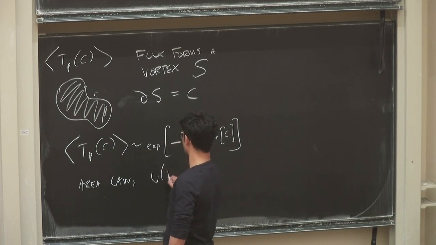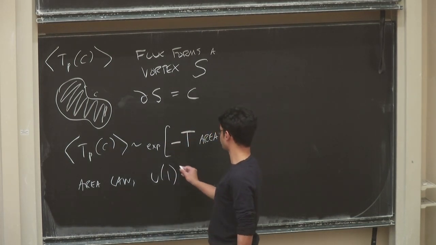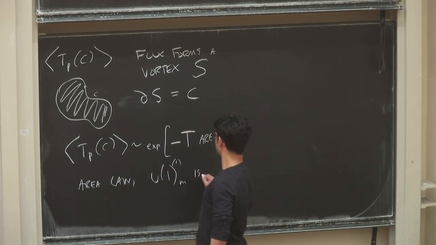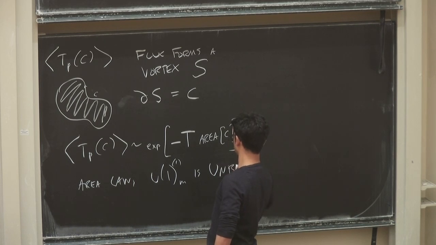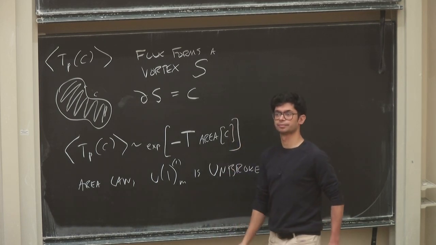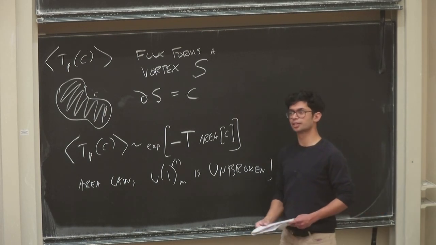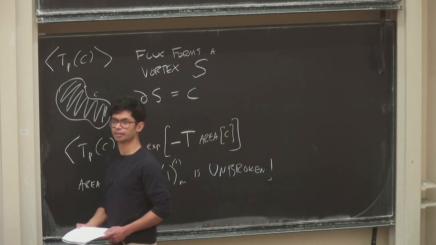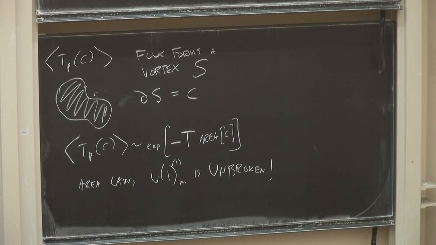And as I claimed earlier, this U1 symmetry is unbroken in this phase. This is the global symmetry way to think about the Higgs phase of electrodynamics. It's the phase where the magnetic symmetry is unbroken.